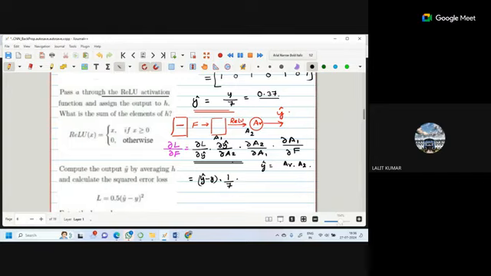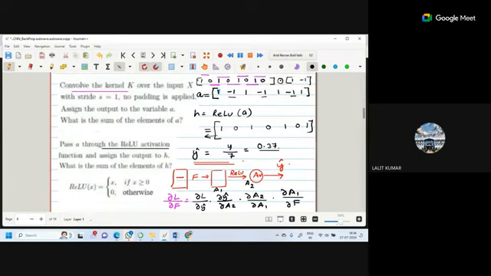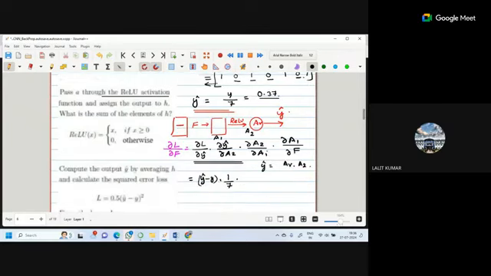Del A2 by del A1 is ReLU. Whatever values came, we had 1 0 1 0 1 0 1, so it will pass the same, and we can see that these are the neurons which have not participated. So del A2 by del A1 will become 1 0 1 0 1 0 1, because the minus ones have not participated, and this becomes the input.